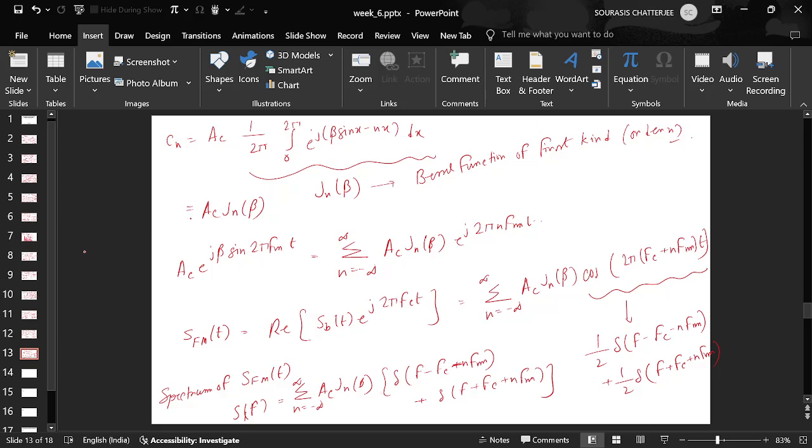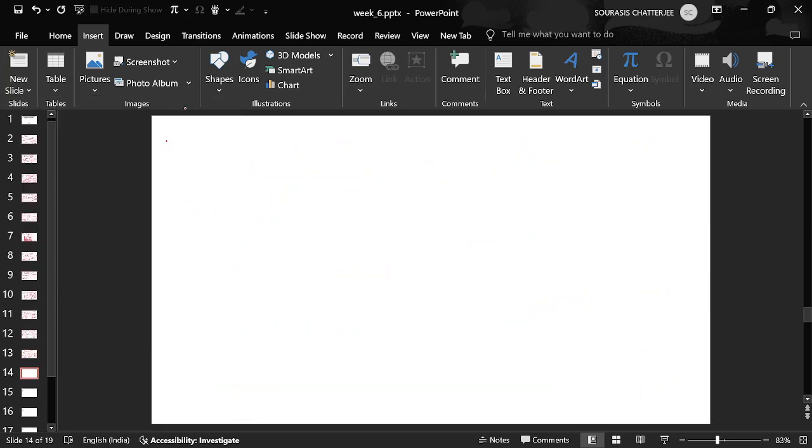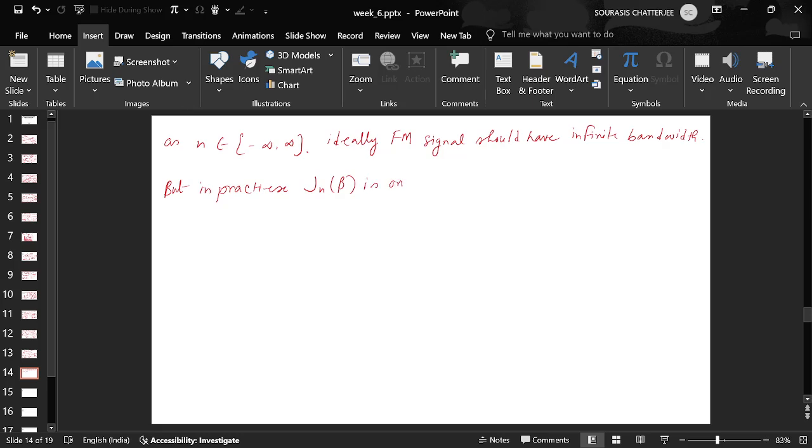So as n can take values from minus infinity to infinity, ideally a frequency modulated signal should have infinite bandwidth, but in practice J_n(beta) is only significant for few n values.